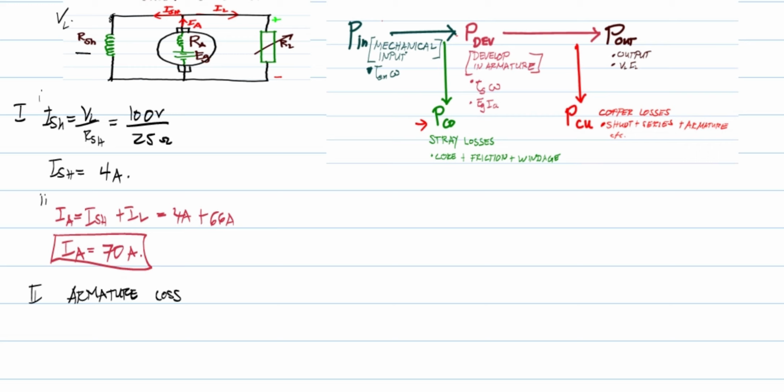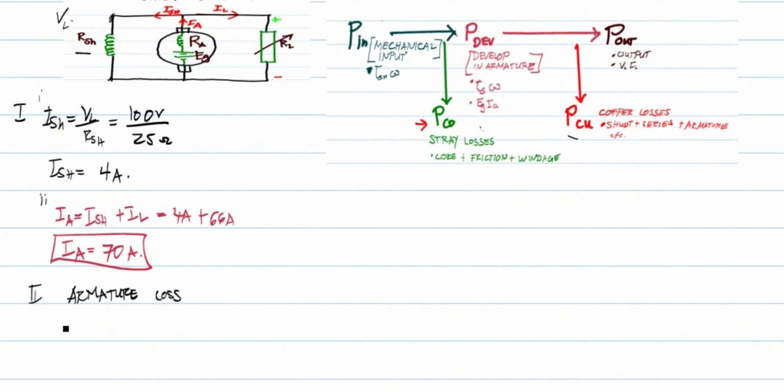What we are going to do is to find the armature loss, or the copper losses, plus the stray loss. The input minus the output and the copper losses gives us the stray loss, or the core loss.